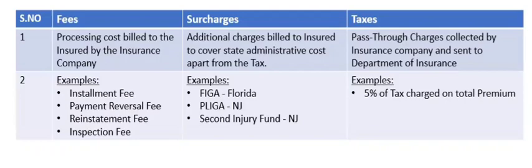If the insurance company becomes insolvent, meaning they cannot make payment because they're out of business, it is very important that the customer should be safeguarded, right? So there are separate organizations like FIGA and PLIGA who make sure that in those scenarios they will cover the claim payments to the customers. To do that, they collect an additional fee or charge apart from the taxes so that they can make the required payment if the insurance company becomes insolvent.